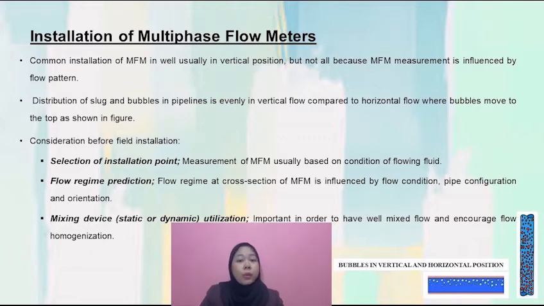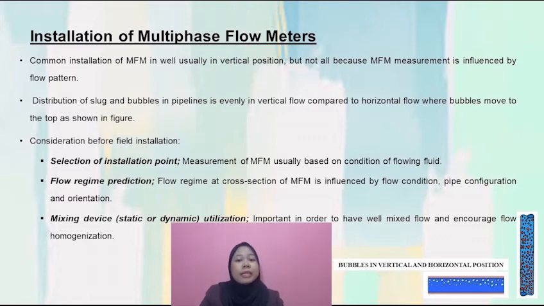And the second one is flow regime prediction. The flow regime at the cross-section of MFM is influenced by flow condition, pipe configuration and orientation. Flow condition may be distinct due to composition of velocity at the cross-section, thus affecting accuracy of measurement.